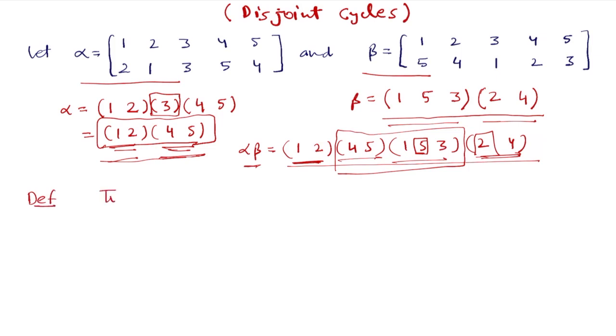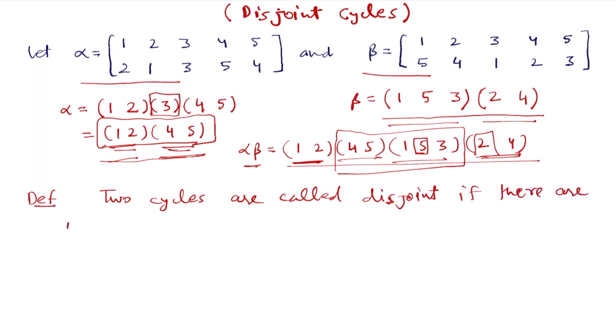Two cycles are called disjoint if there are no common symbols in them.